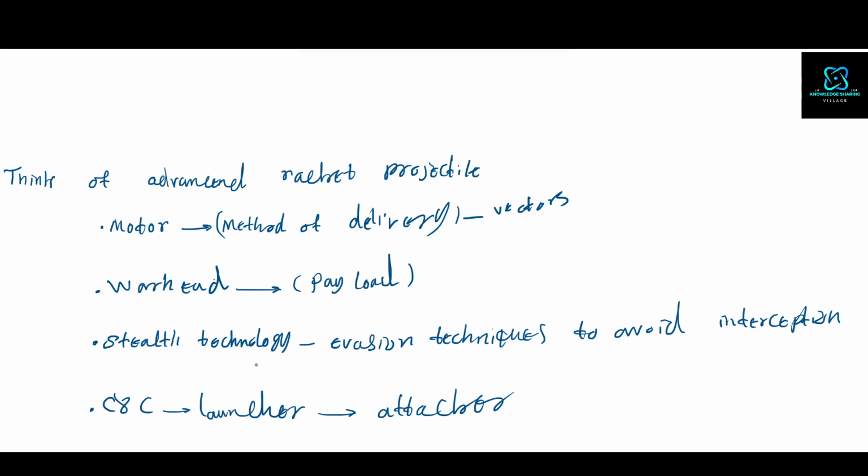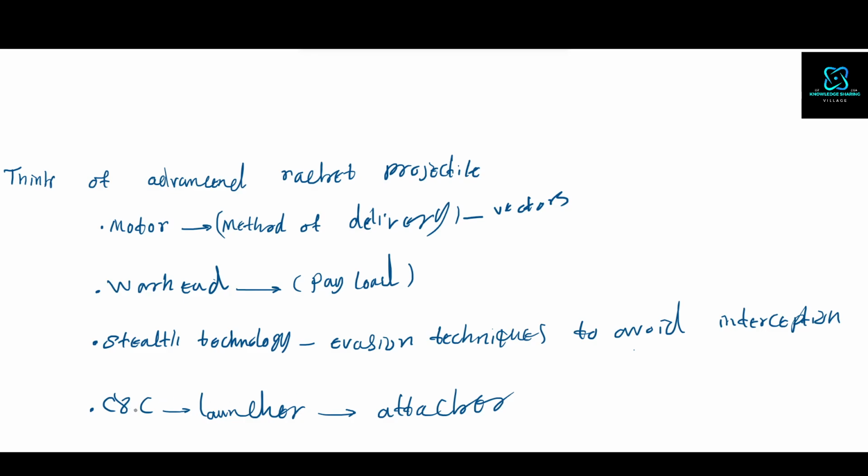Then it has stealth technology. The job of stealth technology is similar to an evasion or obfuscation technique used in malware: to avoid being intercepted, detected, or discovered by the security team or measures. But in the rocket case, it is to avoid being intercepted.